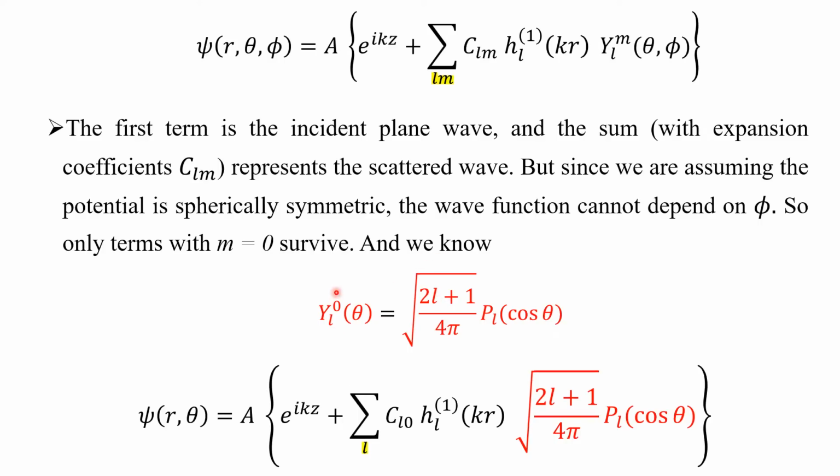And we know very well that Y_l0, which is a function of theta alone because the phi dependence goes away, is equal to the square root of (2l+1)/4 pi times P_l(cos theta). Since m is equal to 0, the summation becomes only over l. I have replaced Y_l0 by the square root of (2l+1)/4 pi P_l(cos theta).